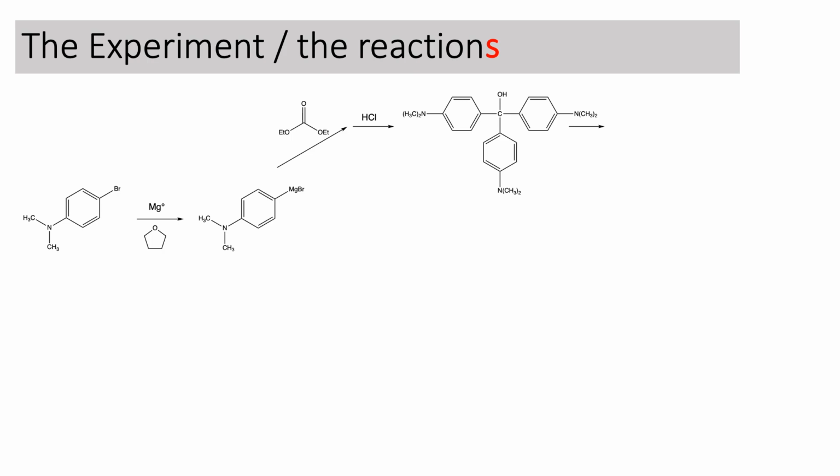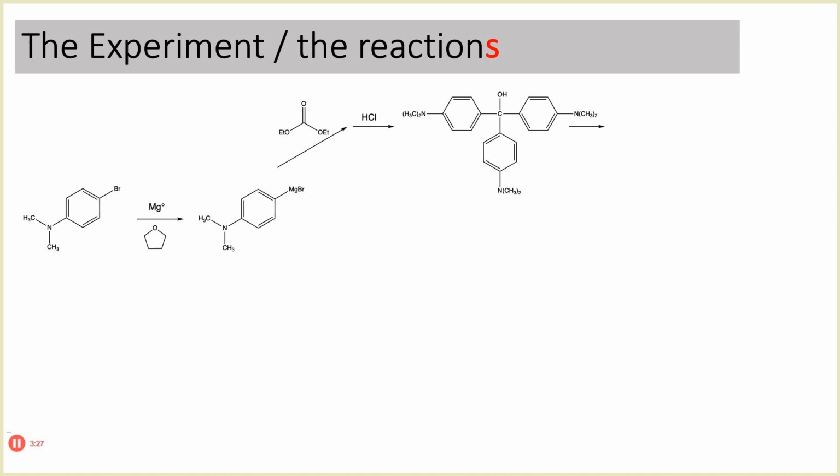Then we take our wonderful carbon nucleophile, our Grignard reagent, and everybody makes the same one, and then we split up into two different groups. One group will react the Grignard with diethyl carbonate. In so doing, that diethyl carbonate reacts with the Grignard to give this alcohol, where we have taken our nucleophile and our electrophile and put those two together.